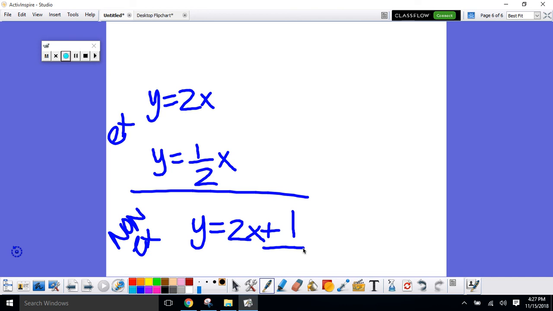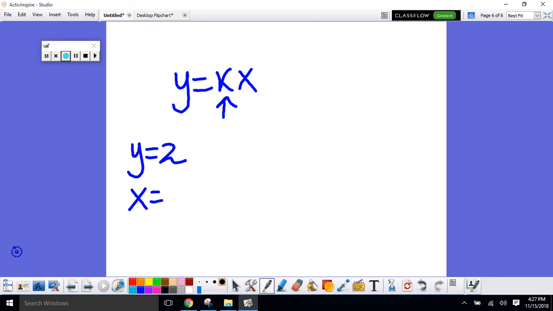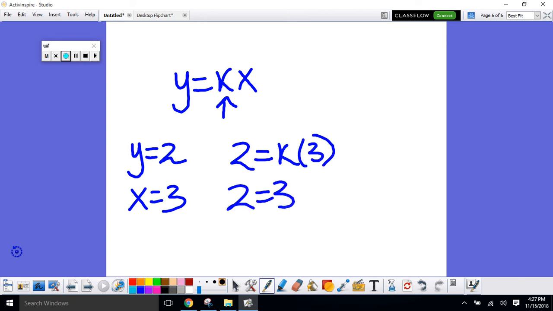Alright, now in the equation y equals kx, k is a constant of variation. For example, if y equals 2 and x equals 3, I want to know what k is, so I can do 2 equals k times 3, or 2 equals 3 times k.